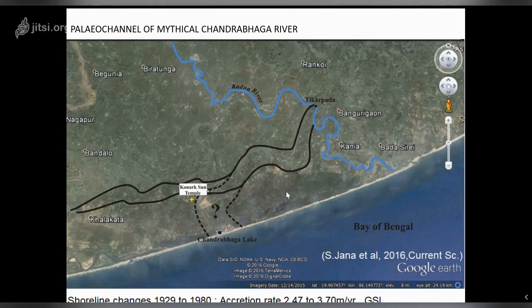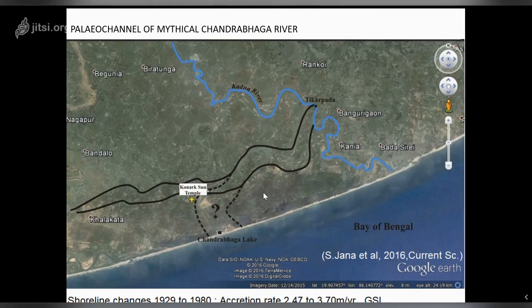They have been able to determine the rate of accretion, which varies from 2.47 to 3.7 meters per year. And the shoreline has now shifted to about 3 kilometers from the temple. So this is one aspect of geological process which has affected the location of the temple in some way.